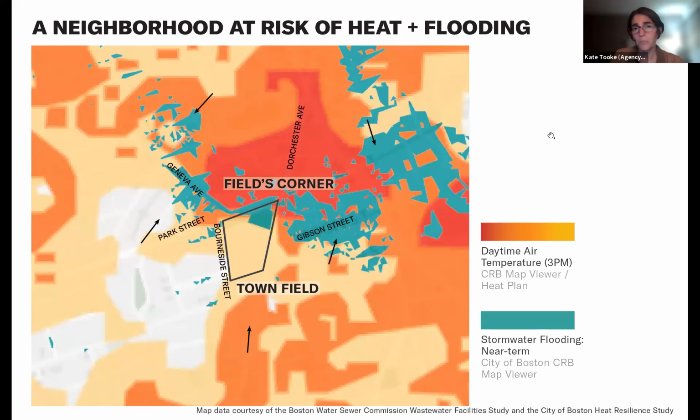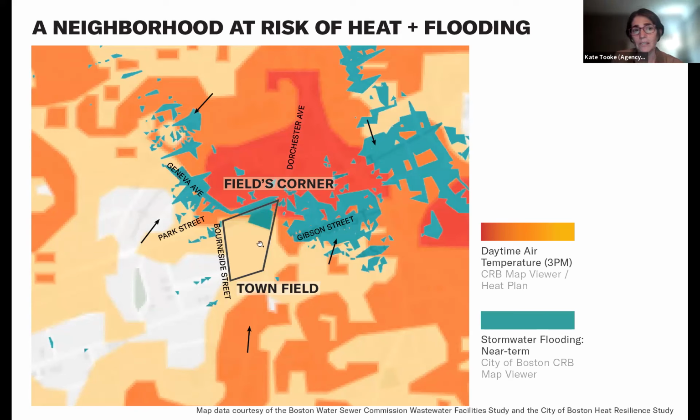I think the last point we want to make about the neighborhood is that this is a neighborhood that has been identified in the citywide planning efforts around heat and stormwater resilience to be at risk for both. You can see in red there, it's showing daytime air temperatures that are above comfort levels, and that's mostly focused around the core area of Fields Corner, as well as the parking lot just north of the site.